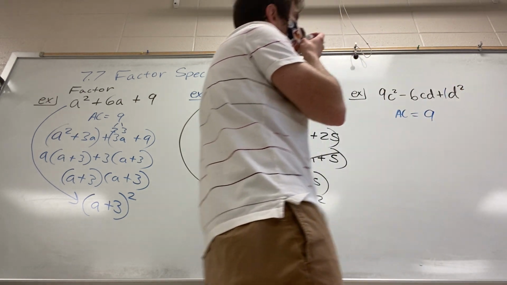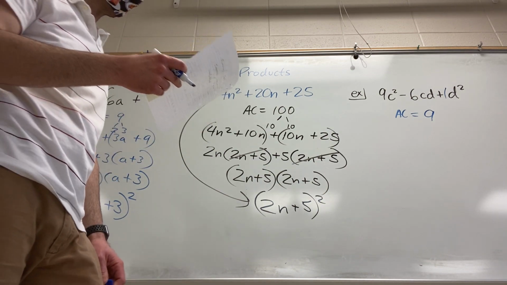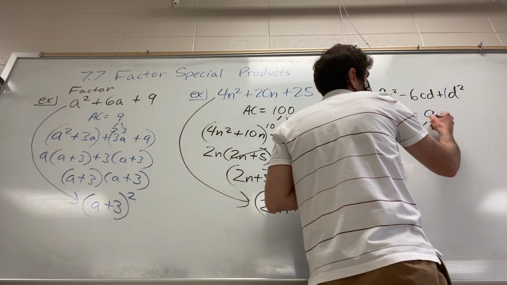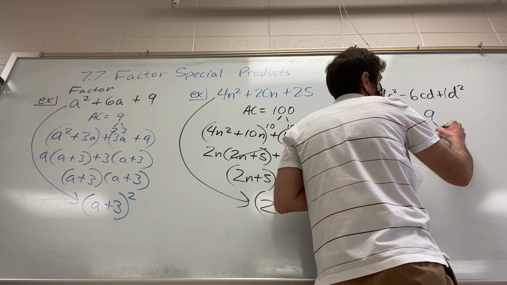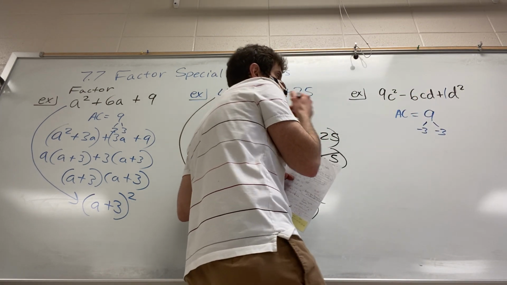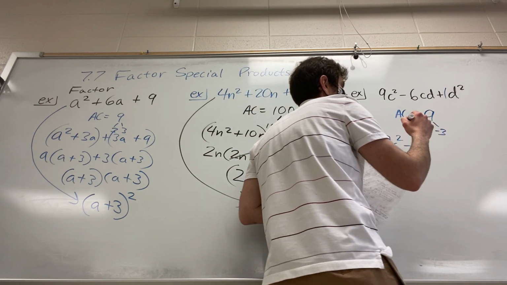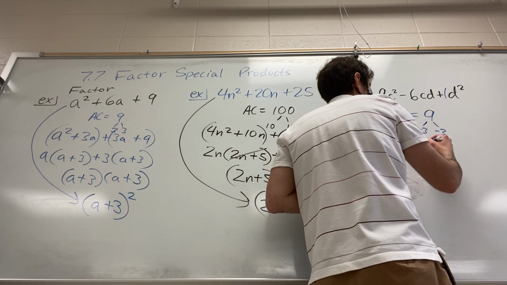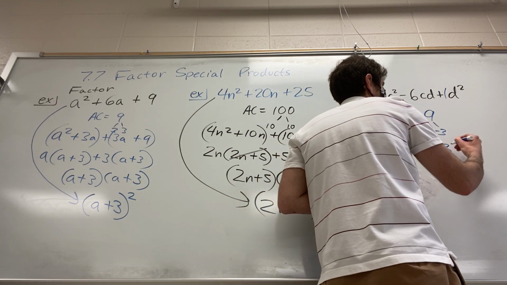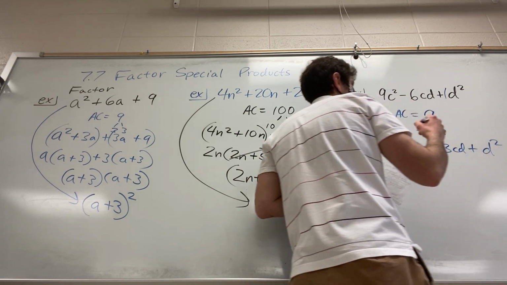What two numbers multiply together to make 9? Negative 3 and negative 3 in order to get negative 6. I like it. Split up the middle term: 9c squared minus 3cd minus 3cd plus d squared.